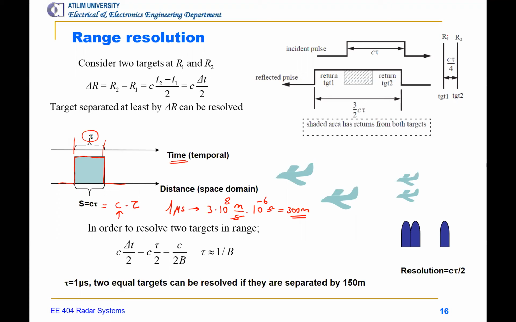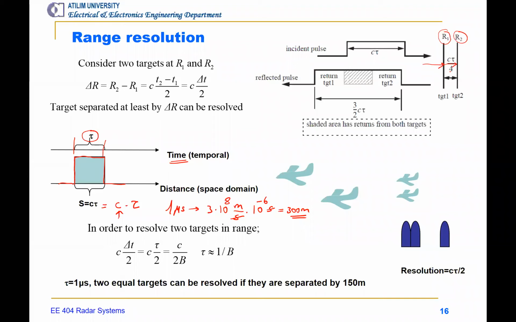Okay, let's consider two targets here. Target 1 and 2 at ranges R1 and R2, and we have an incident pulse of c tau. That pulse hits the first target first, and then the second target.